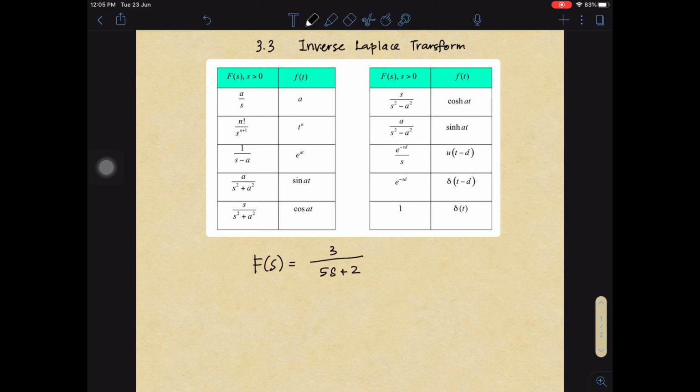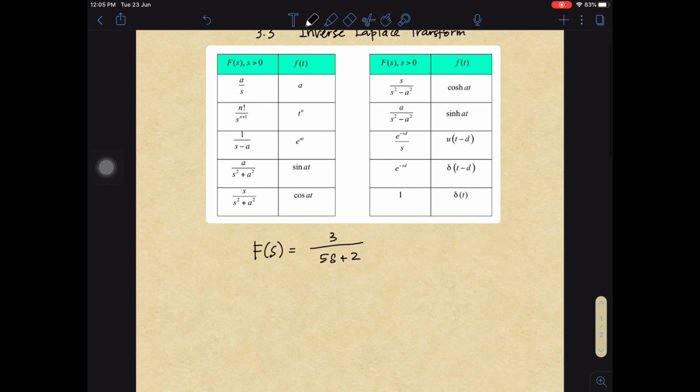Example, if you have F(s) equal to 3 over 5s plus 2. Okay, and you can see in your denominator here you have s to the power of 1, but you still have another constant plus 2 beside s. So this one is related to the third function here, okay, where your f(t) will be in the form of exponent at.